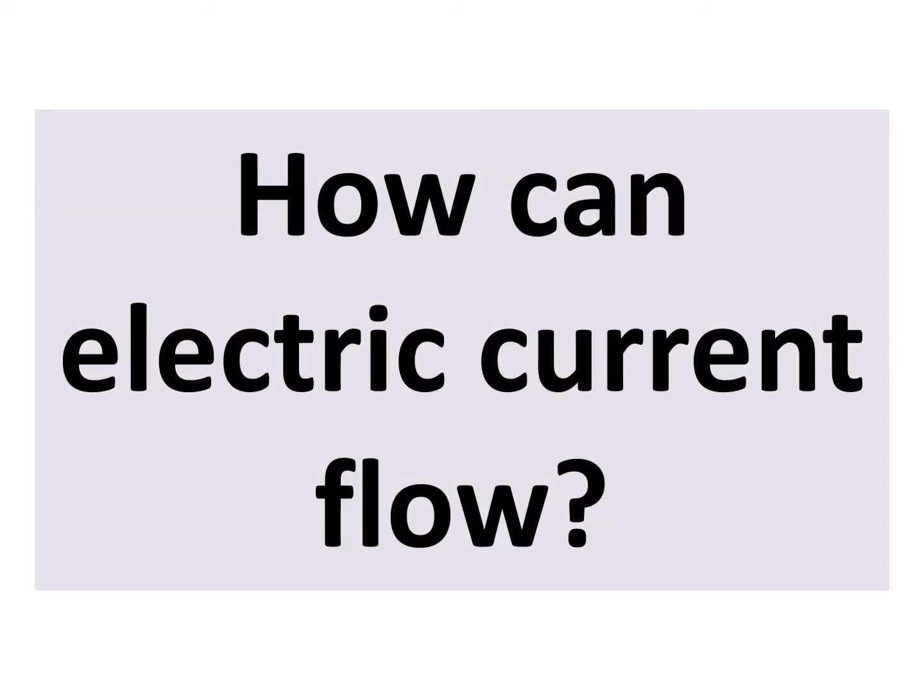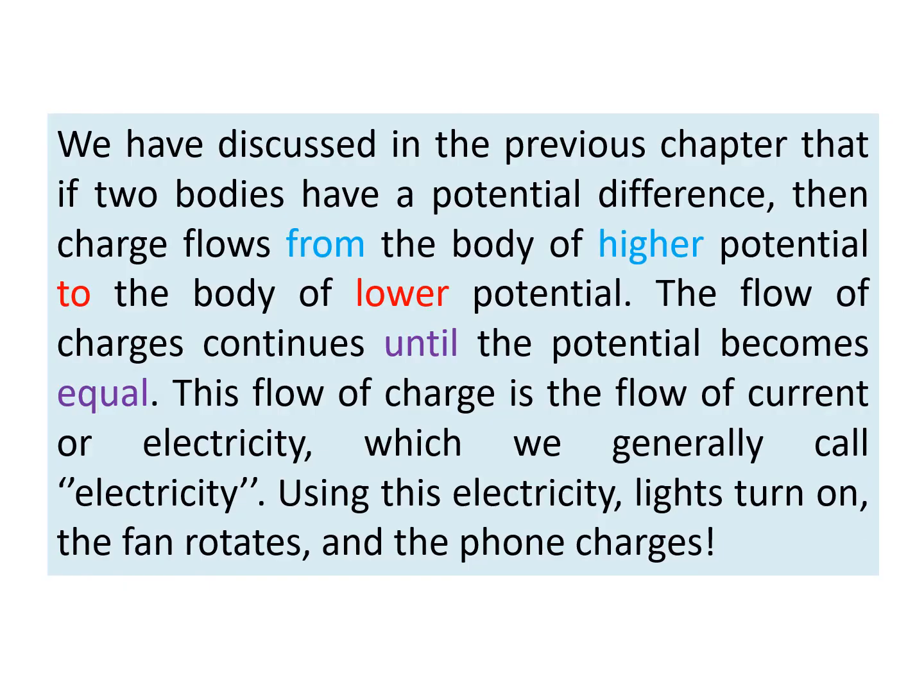Now, my dear students, how can electric current flow? This question may arise in your mind. In fact, we have discussed in the previous chapter that if two bodies have a potential difference, then charge flows from the body of higher potential to the body of lower potential.